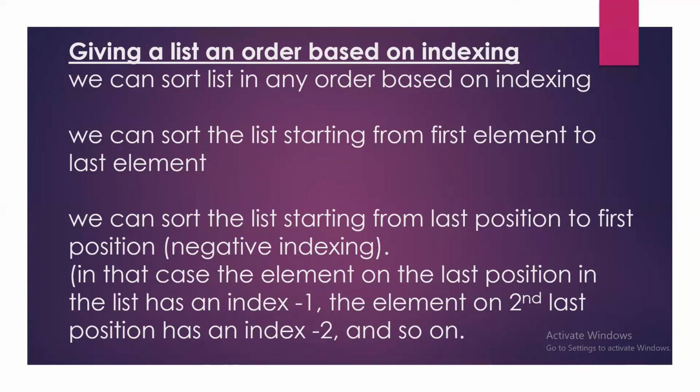Where I'm using negative indexing to list the countries from last position to first position, the index number of the last position will be -1. Similarly, the index number of the second last element of the list will be -2. The third last element of the list will have an index -3, and so on.